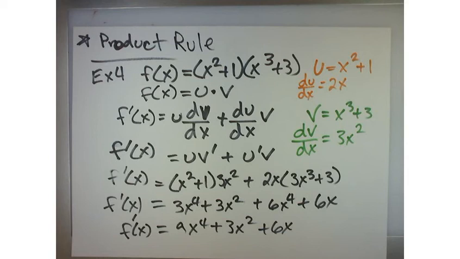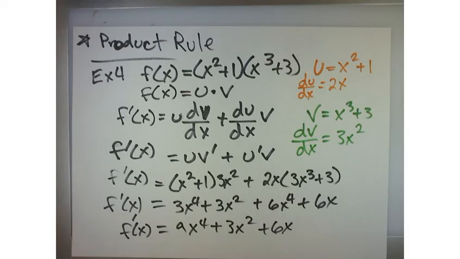Let me just double check the answer for that one. Oh, you guys, I made a mistake. Did you catch my mistake? Oh yeah, you put a 3 in front of this.